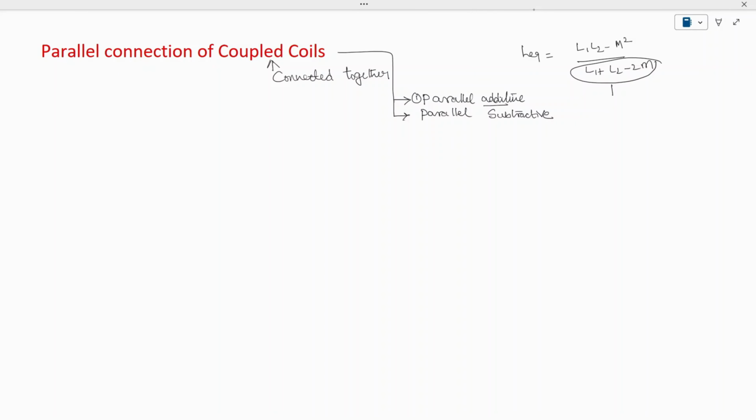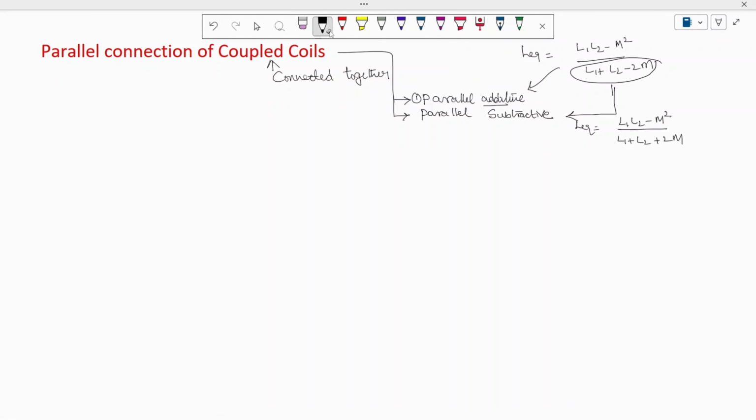In parallel additive, you will get the same derivation, and in subtractive, only the denominator will change as L1 L2 minus m square divided by L1 plus L2 plus 2m. So this is the only change we can see. Let us try to see in detail.